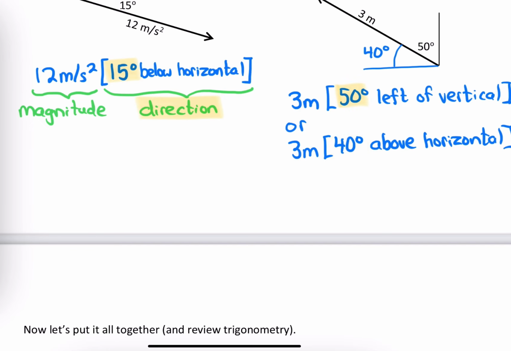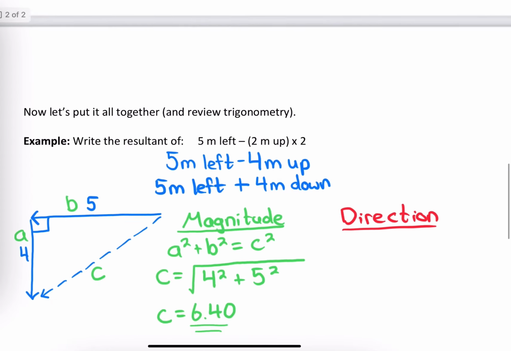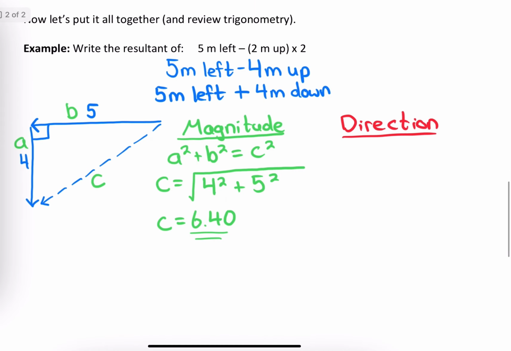So I'm going to need to find an angle. And the angle I'm going to use is not an angle at the head of this vector, but an angle at its tail. So we're going to find the angle in the triangle that's at the tail of the vector. That guy there. And that's my unknown. That's the thing I'm looking for.